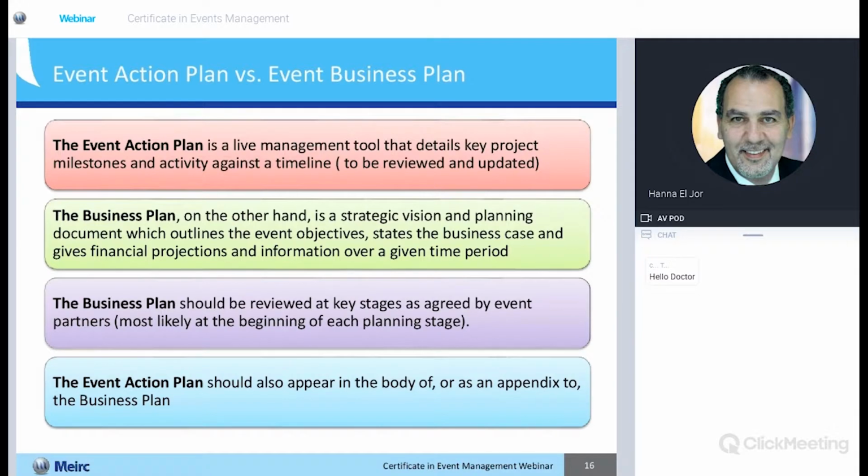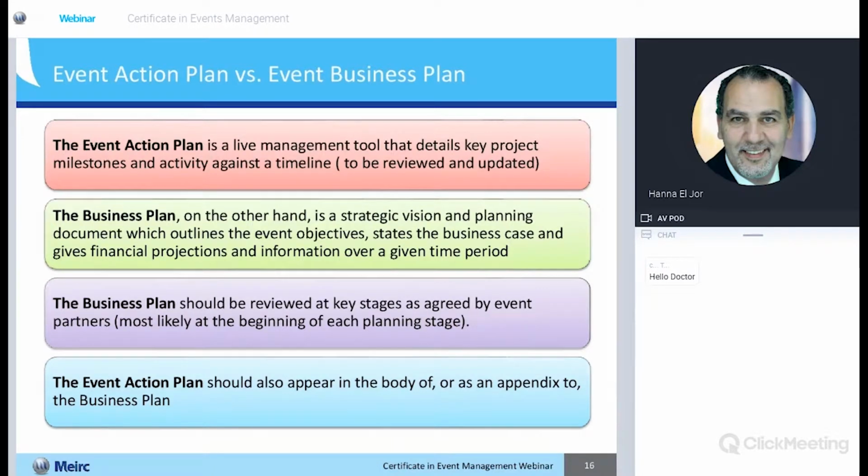When we talk about the event action plan, by definition, it is a management tool that is live, that is dynamic, that could change any minute or any hour, depending on the length of time of our event.